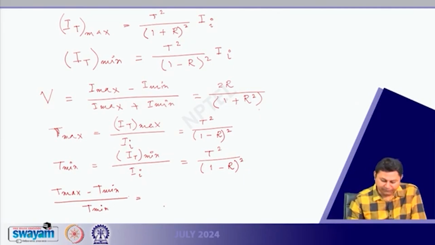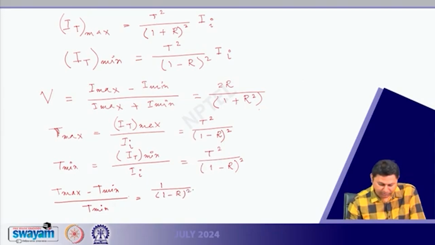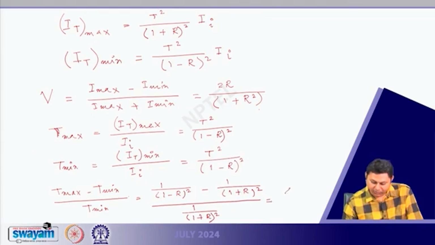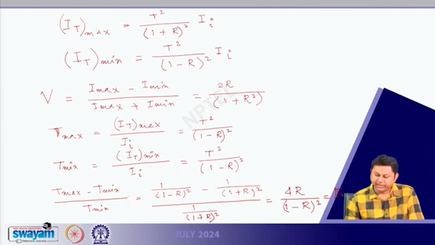If somebody puts all these values, it should be 1 divided by 1 minus R square of that, and then minus 1 divided by 1 plus R square, whole divided by 1 divided by 1 plus R square, that is equal to 4R divided by 1 minus R whole square, which is nothing but the quantity F we defined as finesse.